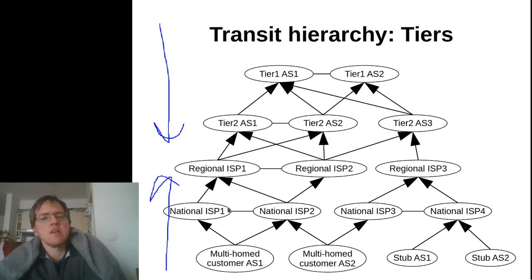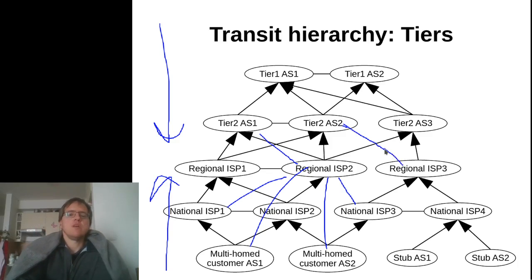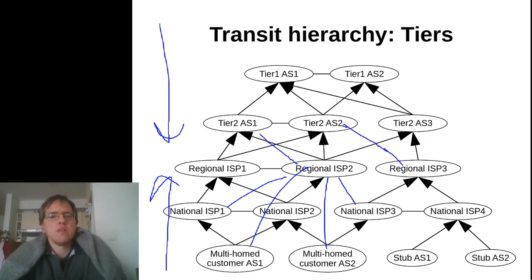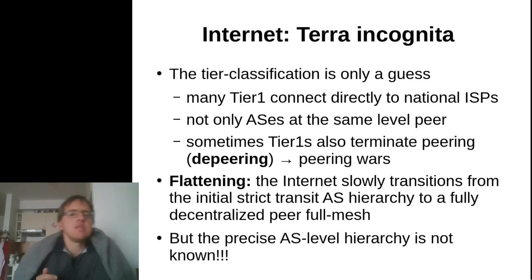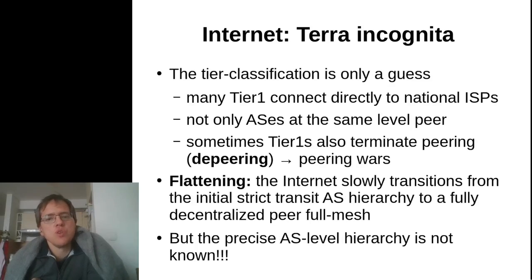This basically means there are lots of peering relationships being created thanks to the mass effect created by IXPs, and we are seeing an evolutionary process where the internet slowly transitions from this nice initial strict transit AS hierarchy into a fully decentralized peer full mesh.